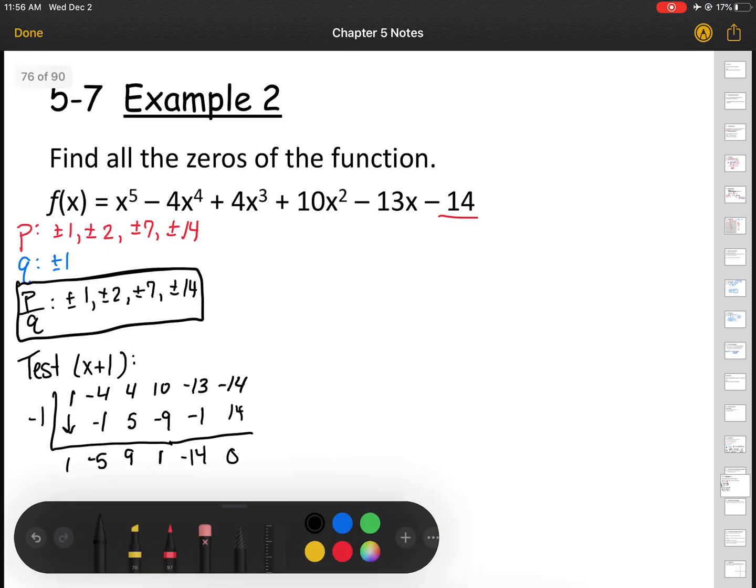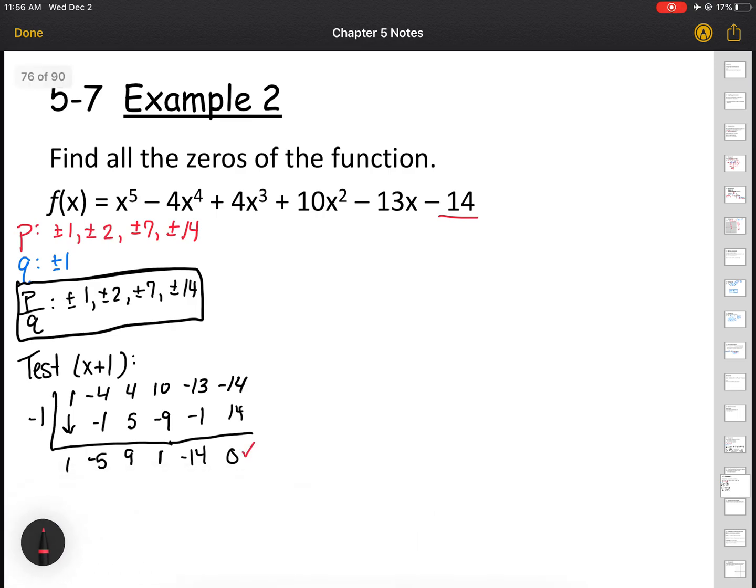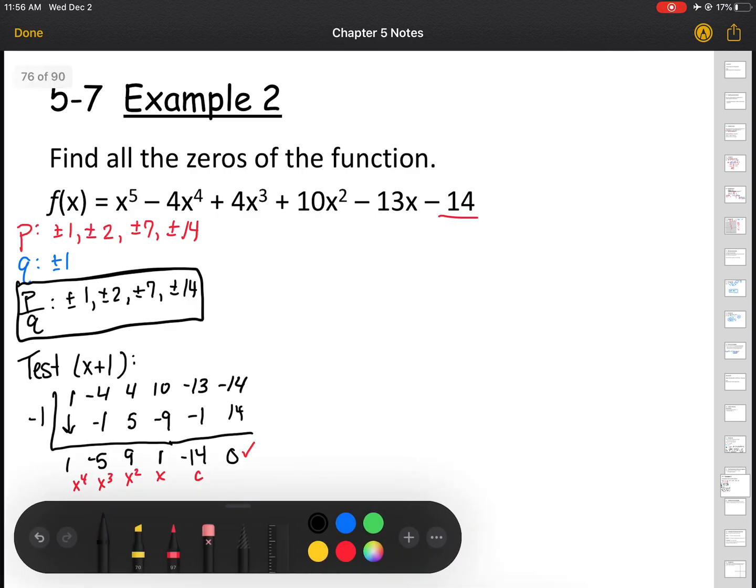Since we have 0 here, that tells me this is a factor of my polynomial. And remember, this is the constant term, the x squared, x to the 3rd power, and x to the 4th power. So my resulting polynomial is x to the 4th minus 5x cubed plus 9x squared plus x minus 14.